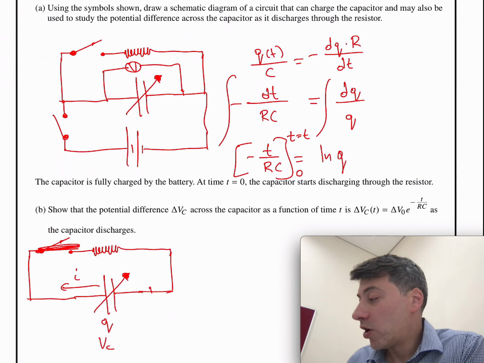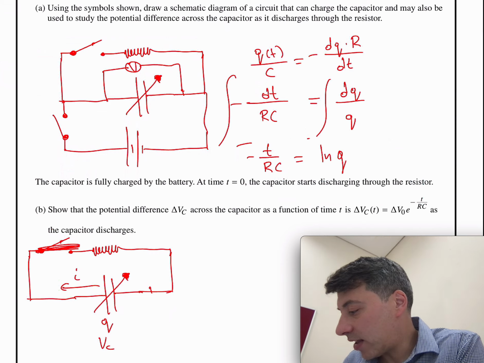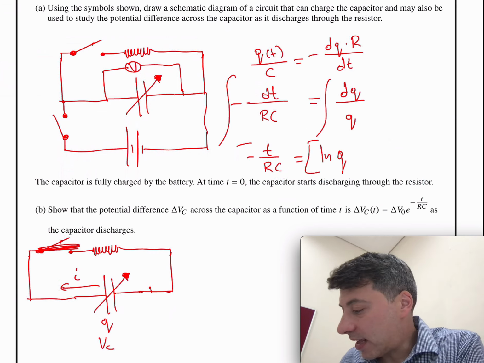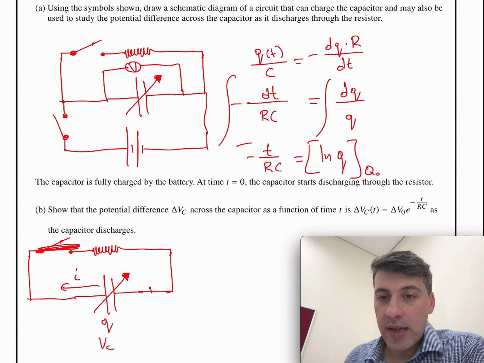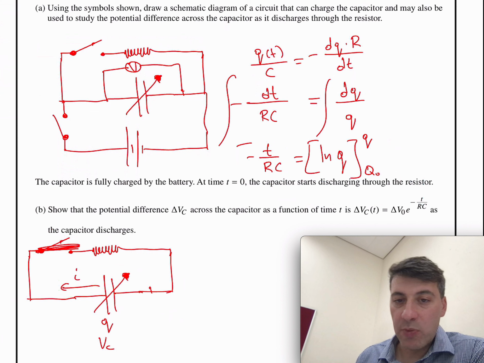When the time is 0, we don't really need this bracket, but we have not the same conditions for the charge. The charge at the beginning was the maximum charge, or the initial charge Q0, and we need the charge as a function of time, so a small q.